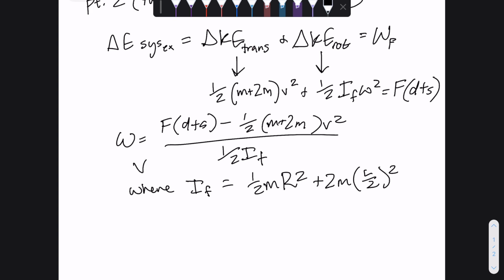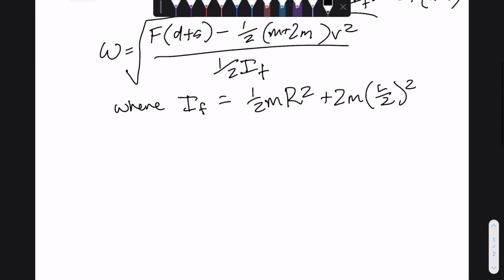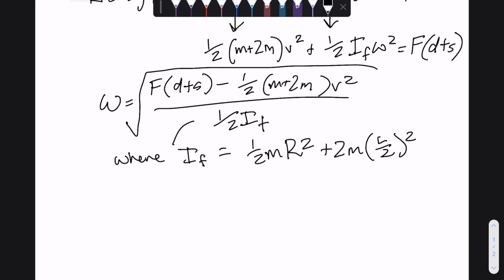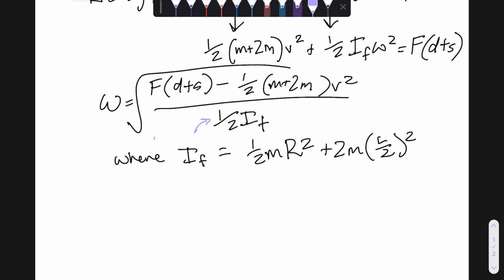And here, since this is a cylinder rod, that means that I will be 1/2 mr squared, plus accounting for the 2 point masses themselves being together, them being 2m times (L/2) squared.